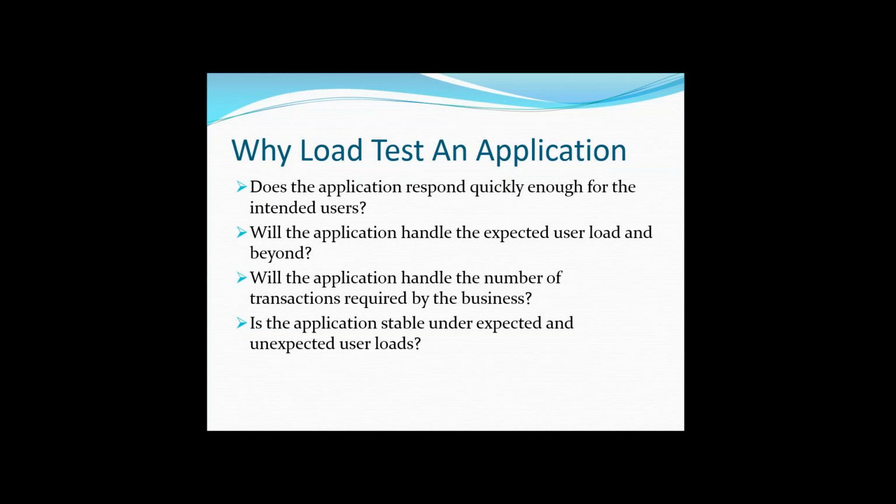For example, let's take this way. We have an application whose maximum handling capacity is 4,000 users. It doesn't mean that all the 4,000 users are doing the same activity at the same point of time. All the users are not hitting the login button simultaneously or concurrently.